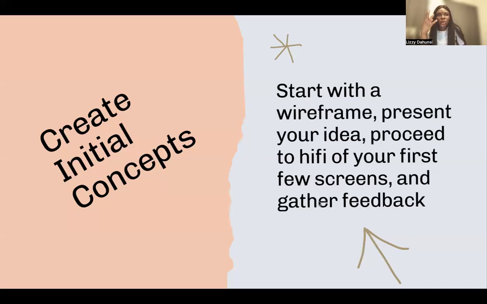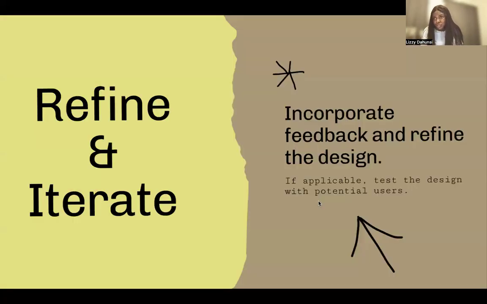Ensure that you guys are on the same page. Okay, so create your initial concept, share with your stakeholders, get feedback, go and iterate, correct, and then refine and iterate. Incorporate the feedback that they've given you through the wireframe.